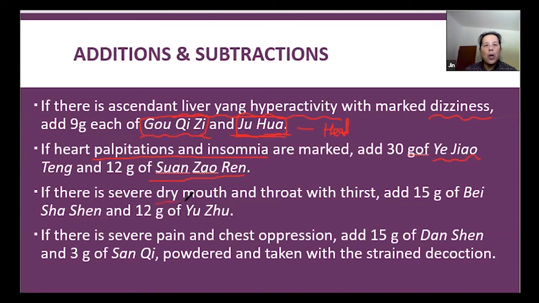And if there is more dry mouth, dry throat, and thirst, with deficiency heat inside, we add nourishing herbs, 北沙参 and 竹茹. For severe pain, we need to move blood, with 丹参 and 三七, which we talked about before already.